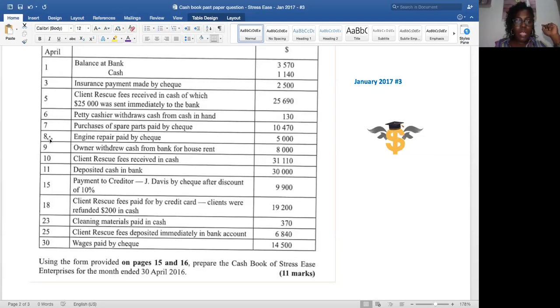All right? Engine repair paid by check. So that happened on the 8th. Look for the cursor moving on my screen. On the 8th of April, they paid for engine repair by check. Once you see that by check, it means that your bank account is being affected. If I have $1,000 in my hand right now, let's say in my left hand, and I use my right hand and write a check, I will still have $1,000 in my left hand.